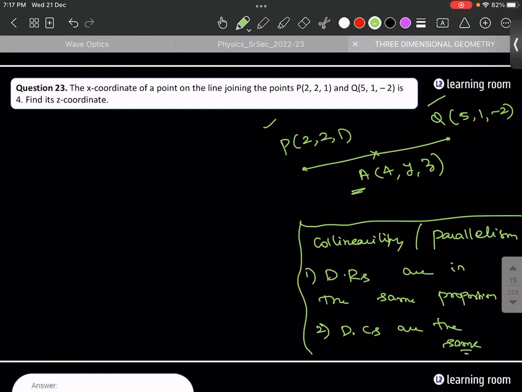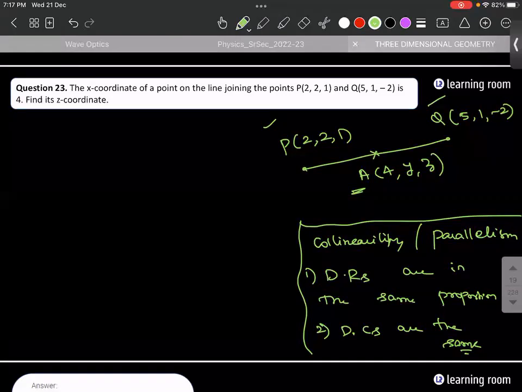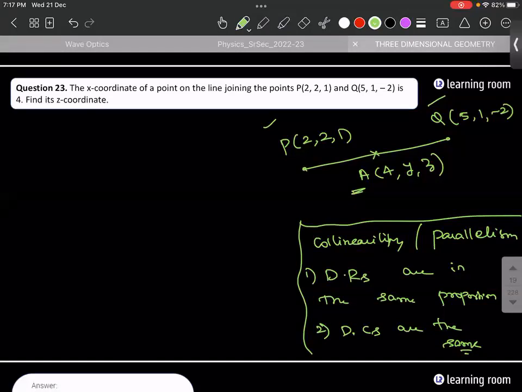So how will you solve? See, that is one way. I would have asked you to solve using this method had they given the other 2 coordinates also. Is there any other way in which we can solve?